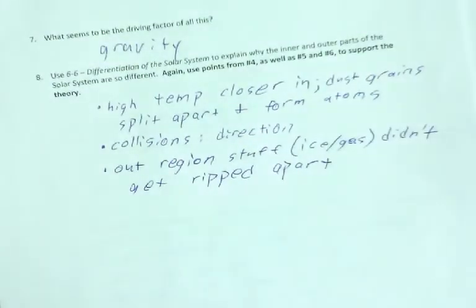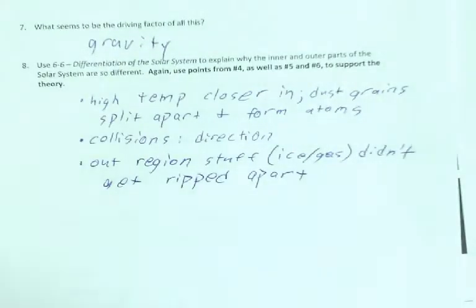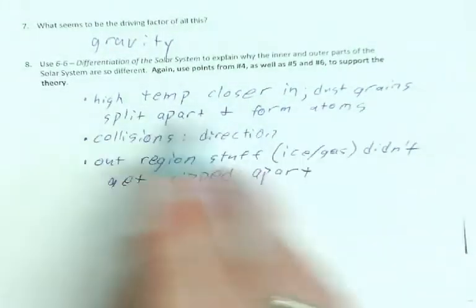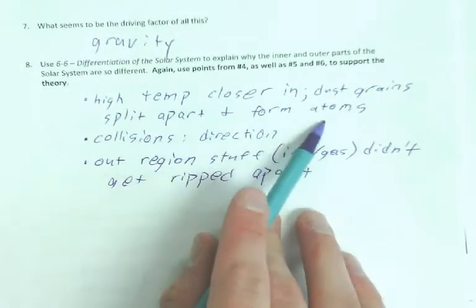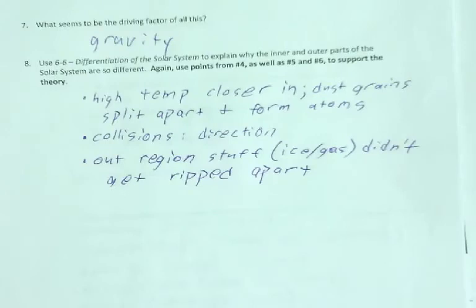Stuff that is further out didn't get ripped apart. So icy things stayed together far out because they weren't in these high temperatures where they're split apart into atoms. Gassy things further out, like where Saturn was at 100 Kelvin, can make it. Gassy stuff gets ripped apart when it's closer in.